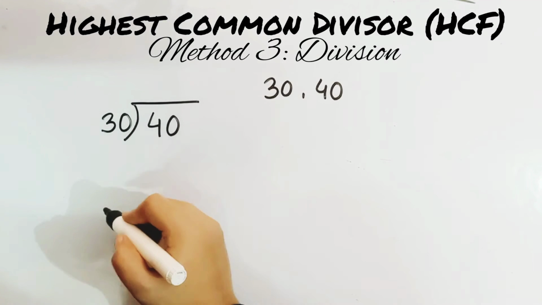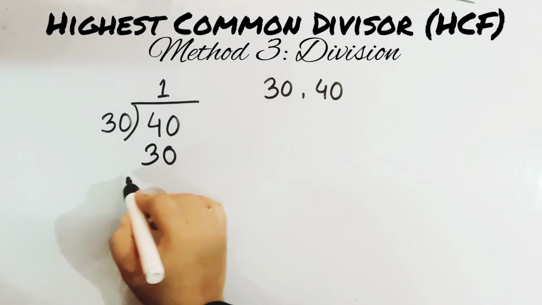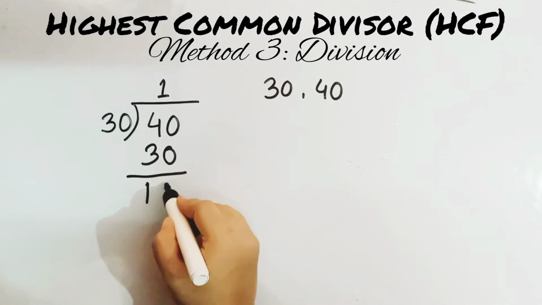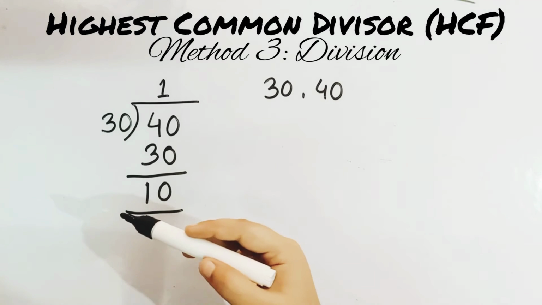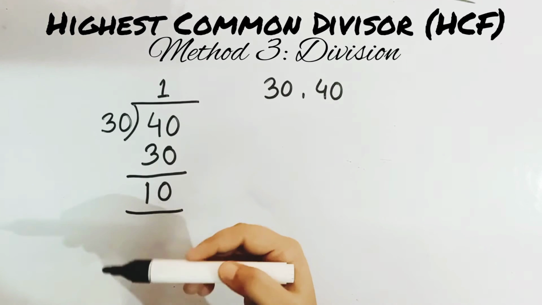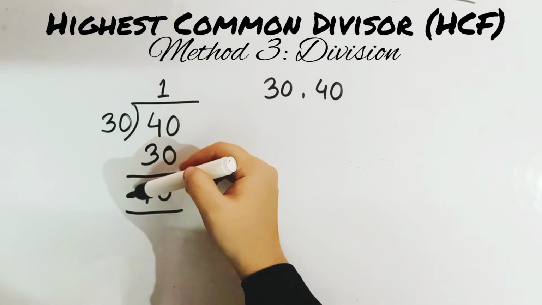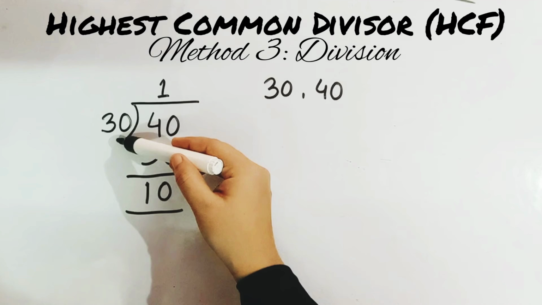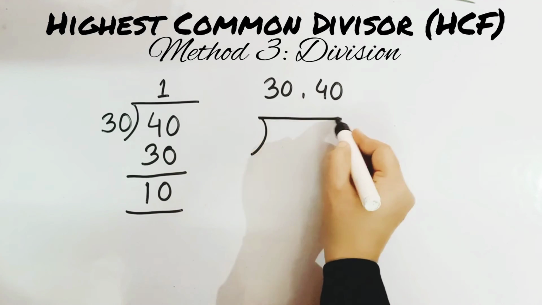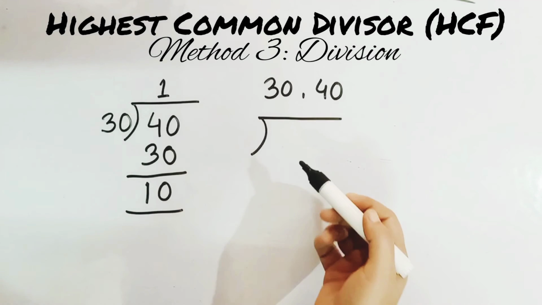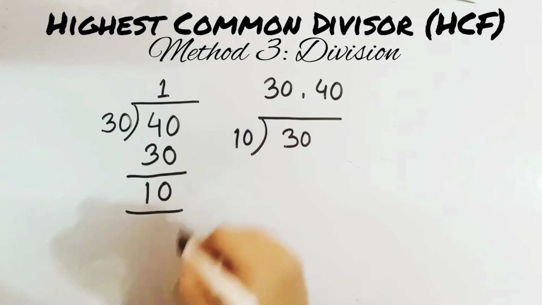Let's do the division now. 30 one time goes, 30, and the remainder will be 10. So here we got remainder 10. We will again repeat the division, but now the numbers we take are 30 and 10, the divisor and the remainder. So the second division is between 30 and 10. The rule is the same: bigger number inside and smaller number as the divisor.